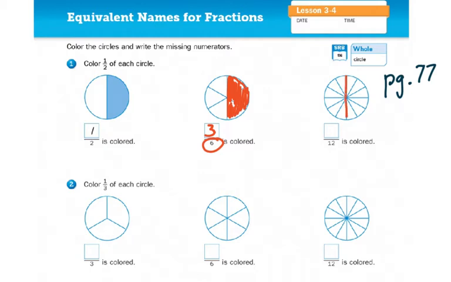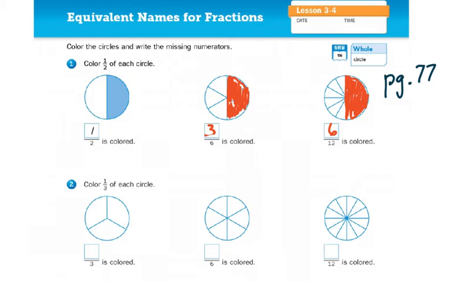Let's do the same thing to the third example. We're going to again shade in half of it. The bottom number tells me how many equal sections it has been divided into, and 6 out of those 12 are shaded. So 1/2 is the same as 3/6, which is the same as 6/12.